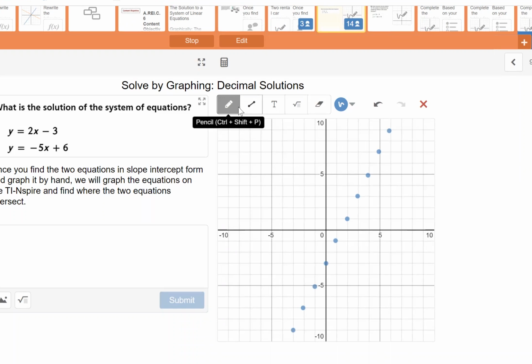Now notice right next to the pencil, there is a line. Use this line. Use the first point you drew, and then use your mouse to scroll down and connect the points.